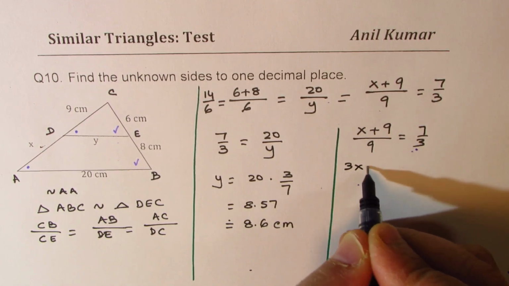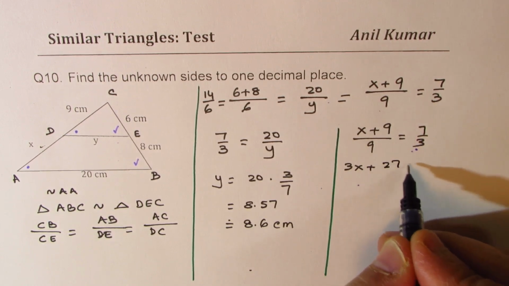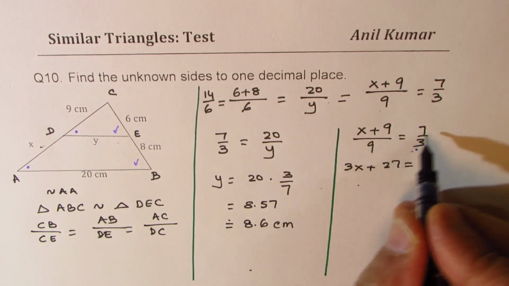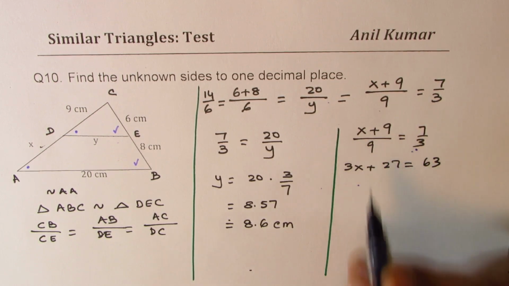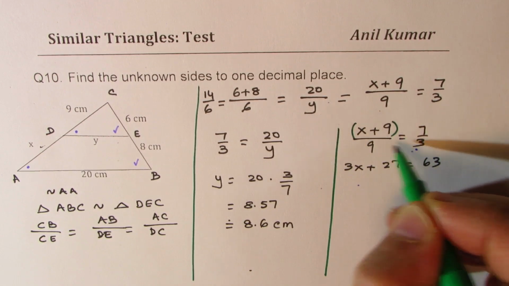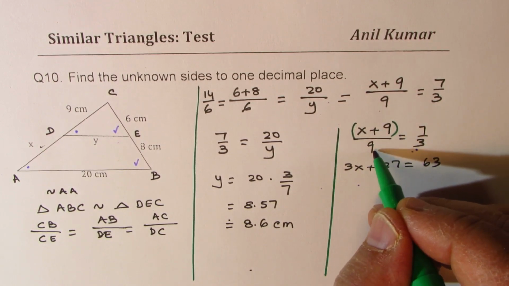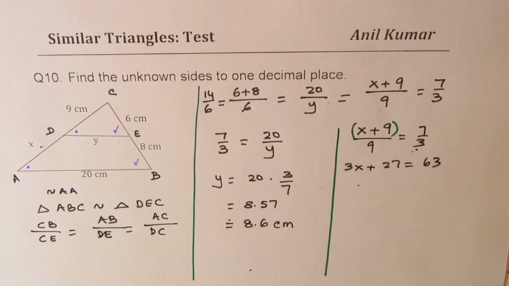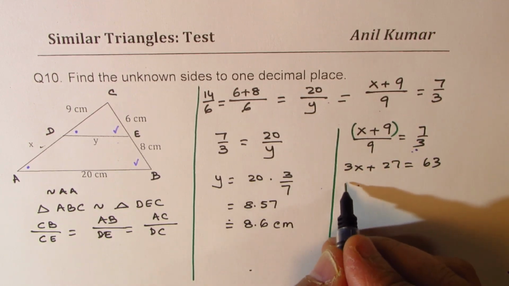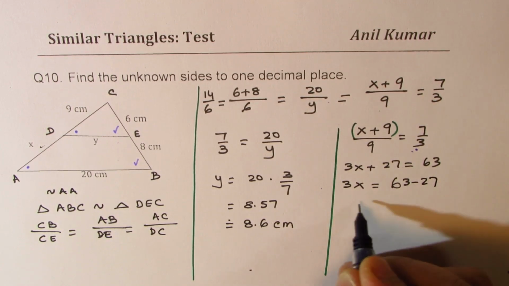We get 3x plus 3 times 9, 27, equals 9 times 7, 63. So I just cross multiplied. Basically I multiplied both of them with 3. So 3x, 3 times 9 is 27, and then cross multiplied 9 with 7 to get 63. So 3x equals 63 minus 27.